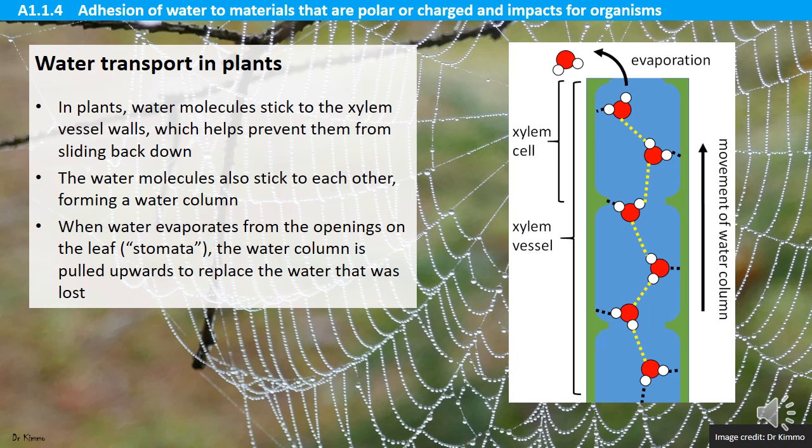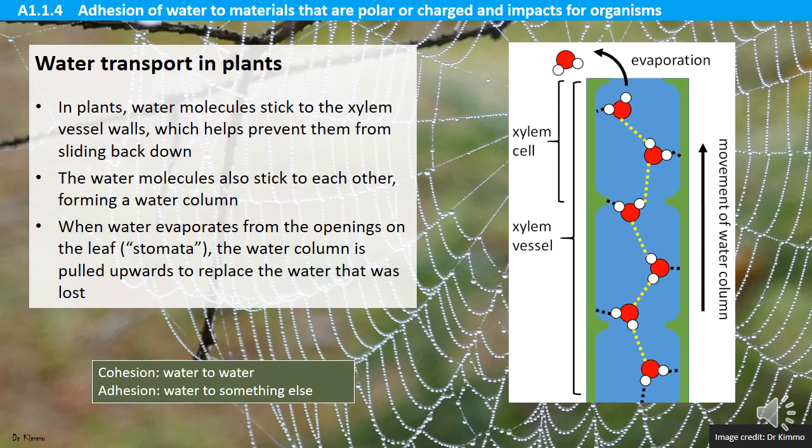And in the illustration, you see how the water molecules stick to the walls and to each other. And remember, cohesion, water to water, adhesion, water to something else. And that something else needs to be polar.